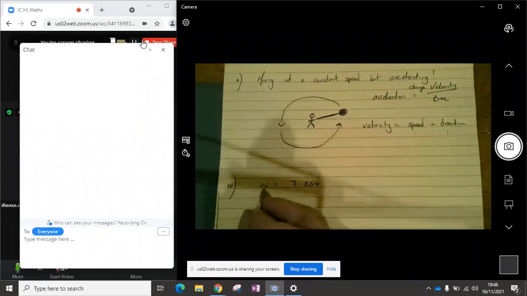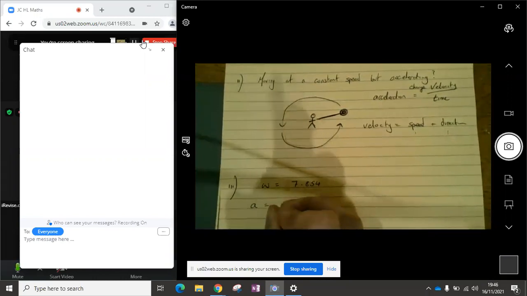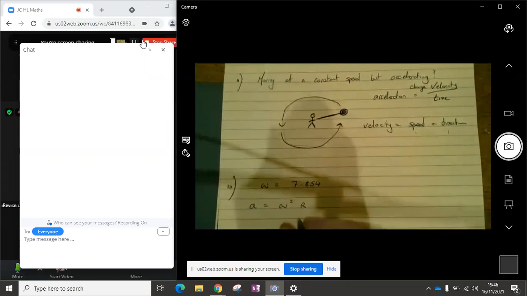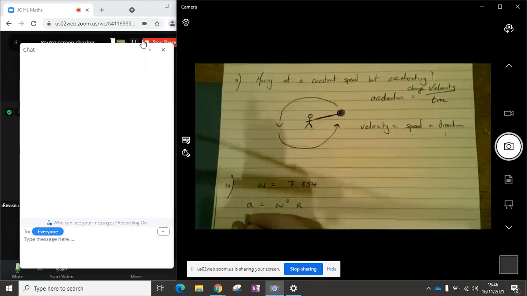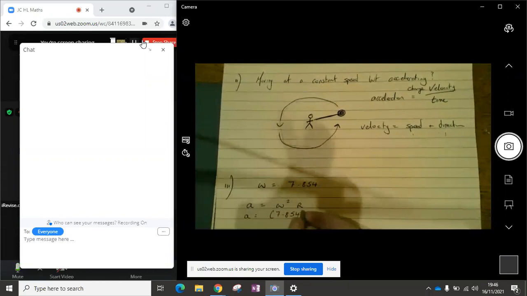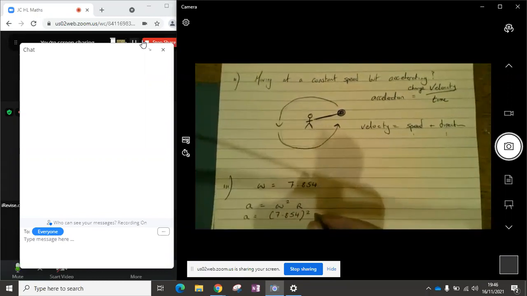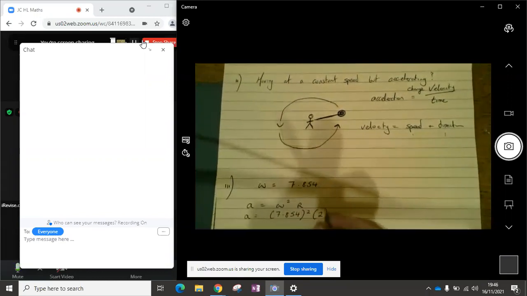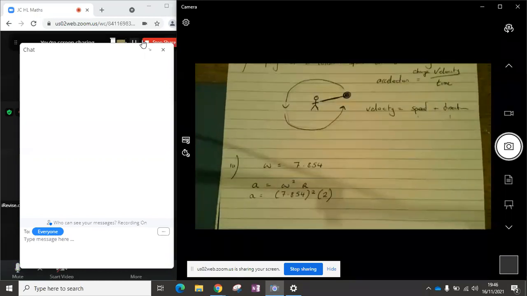When you are dealing with angular velocity, acceleration can be worked out as angular velocity squared times the radius. So A is equal to 7.854 squared times 2.